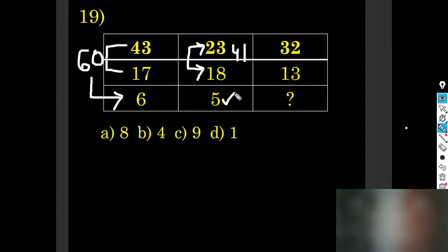Sum of the digits. Next, 32 plus 13 gives us 45. 4 plus 5 value is 9. Sum of the digits. Answer for this one is 9.